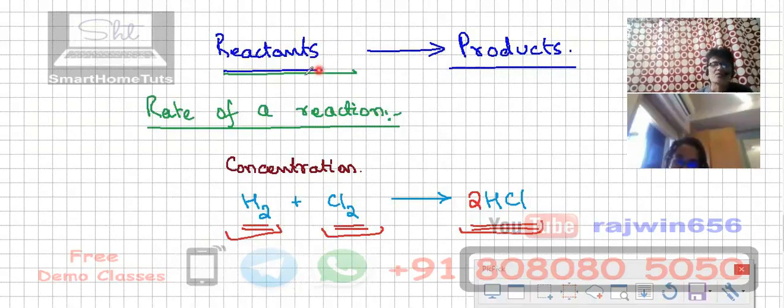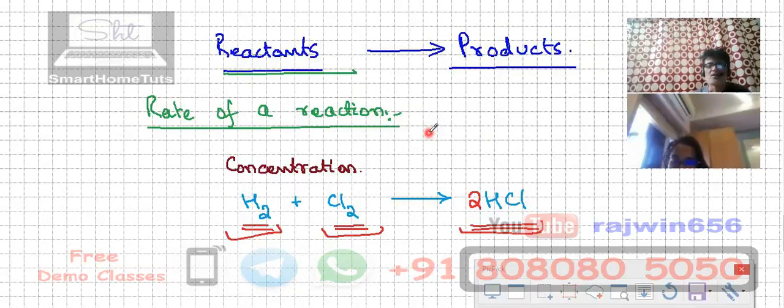Okay, so this is going to be the definition of rate of reaction. I will make you write the definition of rate of a reaction, and then we are going to see what are the different factors that are going to affect the rate of reaction.